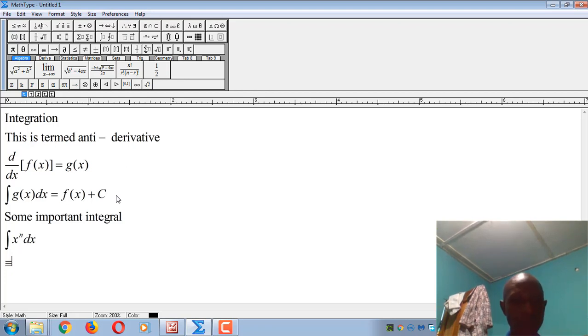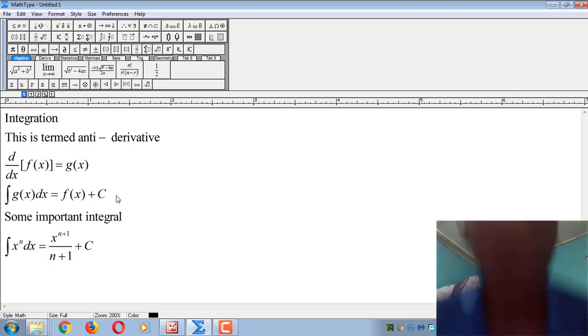If you're given something like that, the integral is x raised to the power of n plus 1, over n plus 1, plus c. That's our first formula.